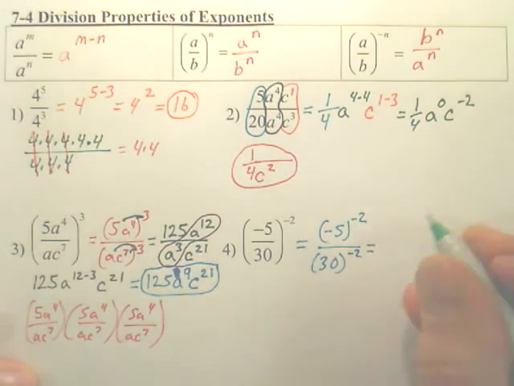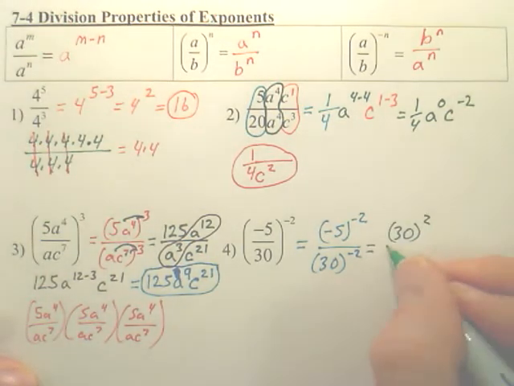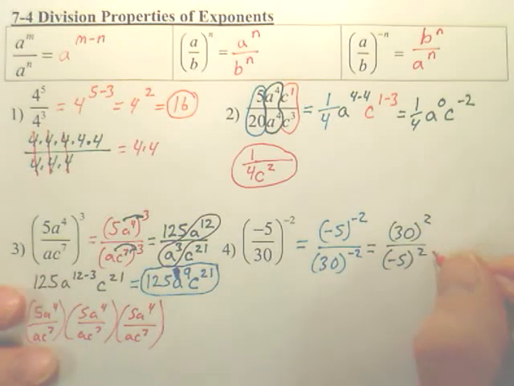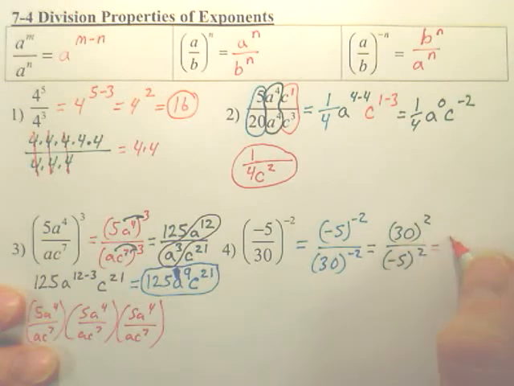So that's going to leave me with 30 squared over negative 5 squared. Again, with negative powers, we put this to the bottom and this to the top. And 30 squared, I'll just tell you, is 900, and negative 5 squared is 25.